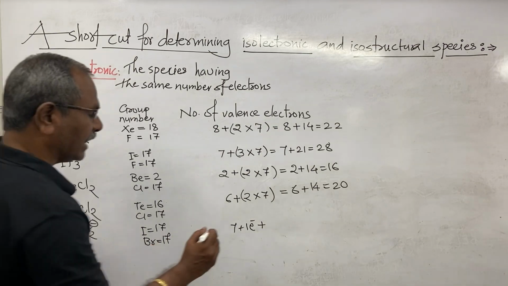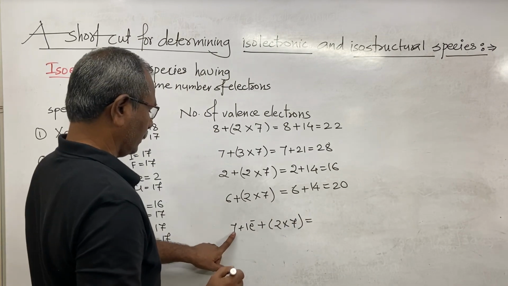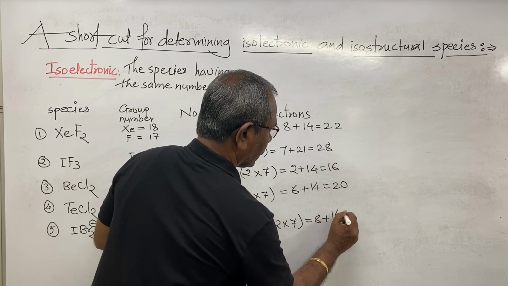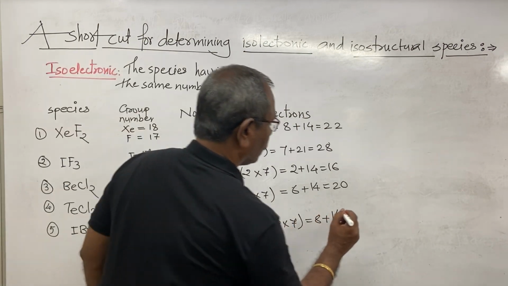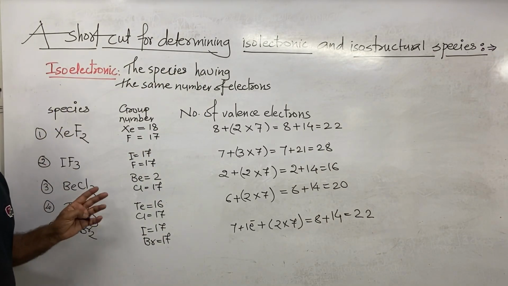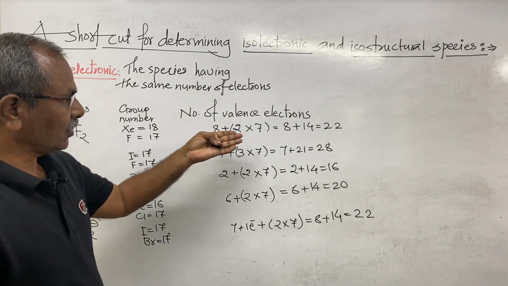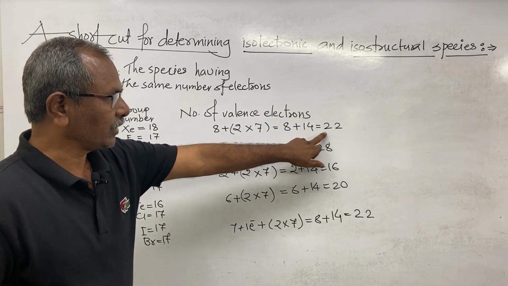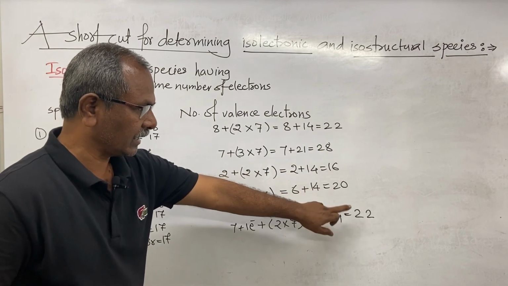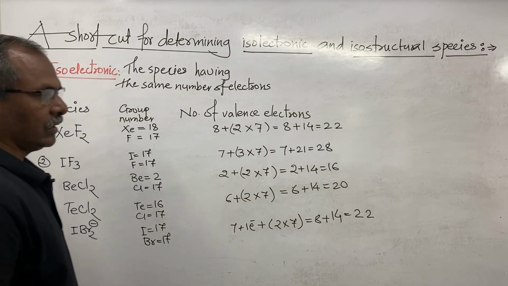So there are 2 Br, 2 into 7, so 8 plus 14 is equal to 22. So in this way we can calculate the number of electrons, and now in first case there are 22, in second 28 electrons, in third 16, in fourth case 20, and in last case, that is IBr2 minus 1, there are 20.